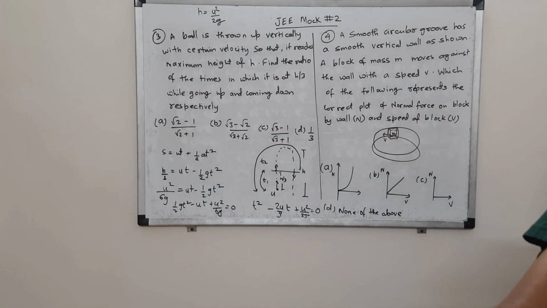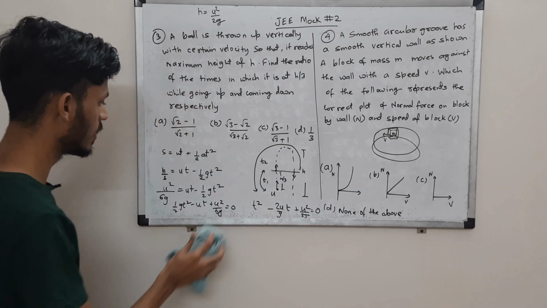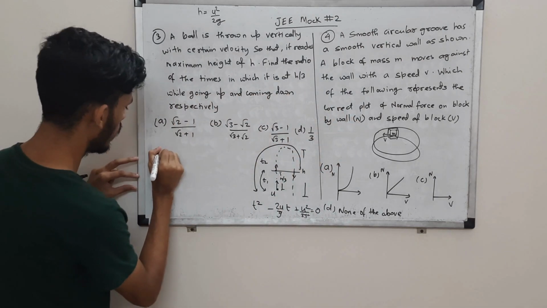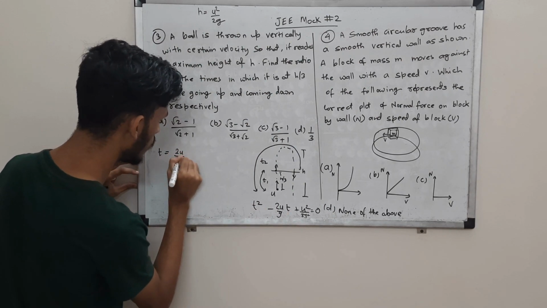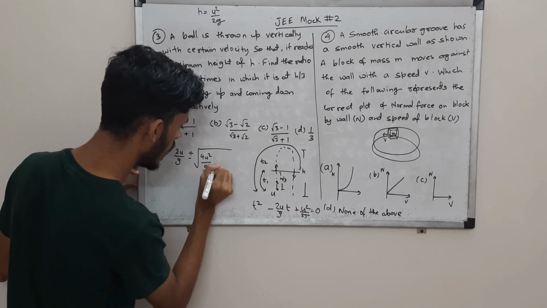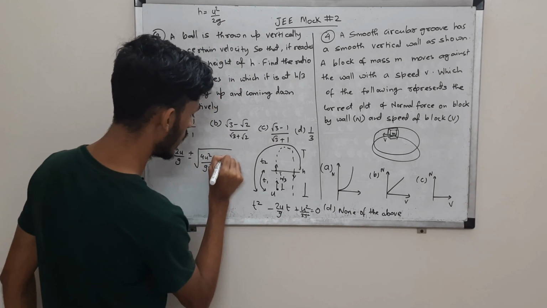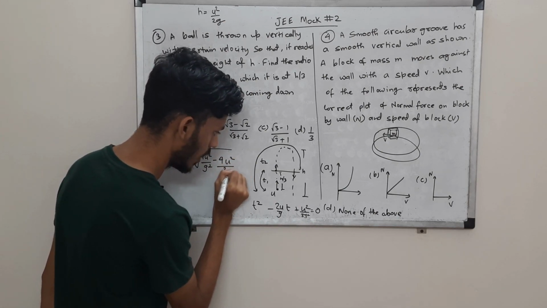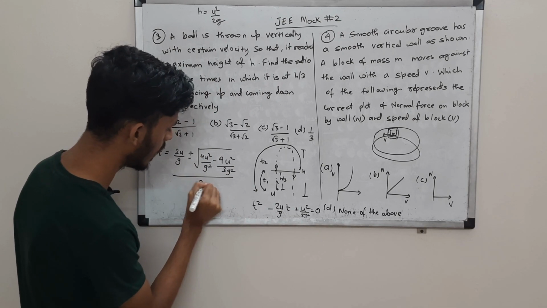Now we'll solve it. After solving this quadratic, we'll get t1 and t2. That was the simple approach. So let's solve it now. t will be given as, just use the quadratic formula, minus b. So minus b will make it 2u by g plus or minus under root of b square, so 4u square by g square, minus 4ac, 4 into a is 1 and c is this entire thing, u square by 3g square, both positive, and divided by 2 times a, where a is 1.